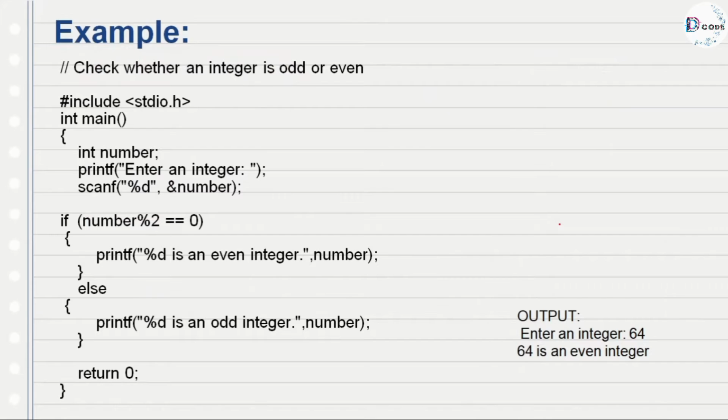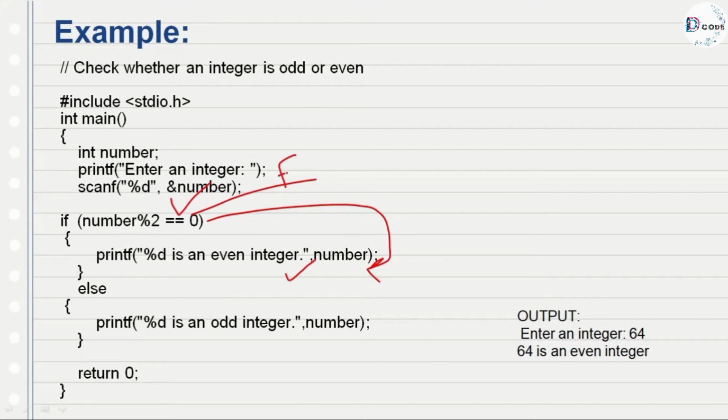Now let us look at an example for the if else statement. If a number is divided by 2 and it gives a remainder of 0, then it is an even number. So if this condition is satisfied, the control moves to the if block and the statement "it is an even integer" is executed.